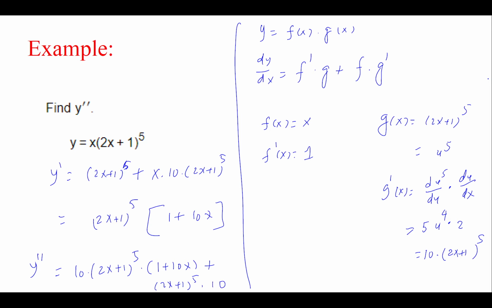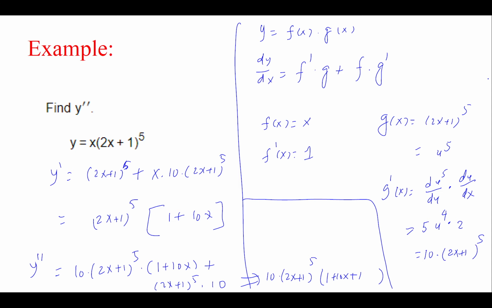If you want to simplify this more, you can always do that. Just factor out 10 and 2x plus 1 to the power 5. So let me do that. 10 times 2x plus 1 to the power 5, and write down the leftover inside the parenthesis, which from the first part is 1 plus 10x, plus from the second part just 1, so eventually 1 plus 10x plus 1, which is 2 plus 10x.